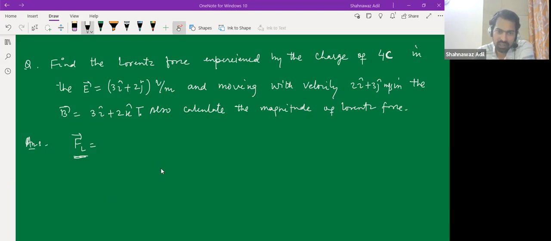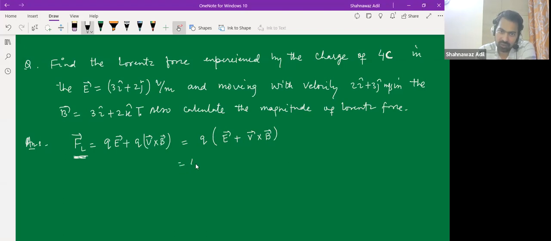Okay, so what I will do is I will calculate and you guys check the answer. This is the Lorentz force: QE plus QV cross B. So Q is common. We should take Q common, and this would be E plus V cross B. So now everything is given.